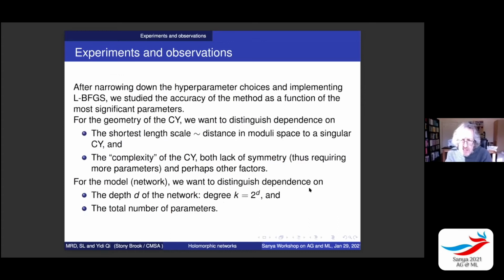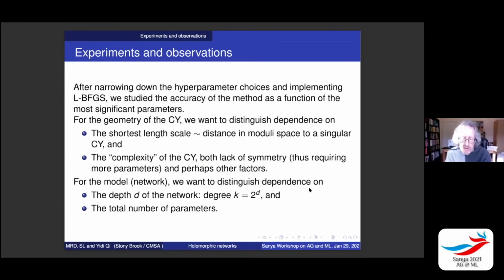Okay. So we got our method tuned, and then we wanted to make a statement about, well, how accurate is it, and how does this accuracy depend on the geometry of the Calabi-Yau and parameters such as k, effectively the depth of the network. And so the two variables that we try to interpret our results in terms of are the shortest length scale of the Calabi-Yau.